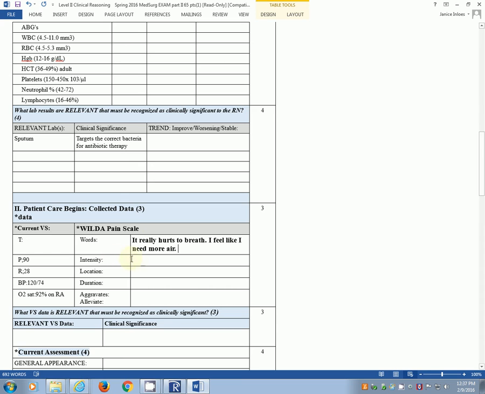On intensity, she rated it a 6 out of 10. Her location is right side chest pain. The duration of her pain is when she breathes in.